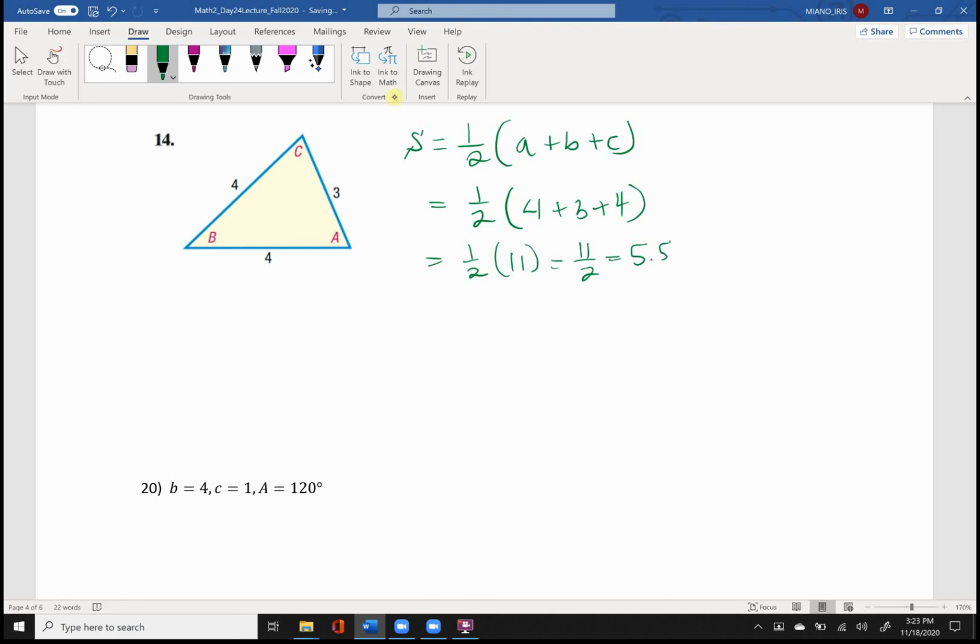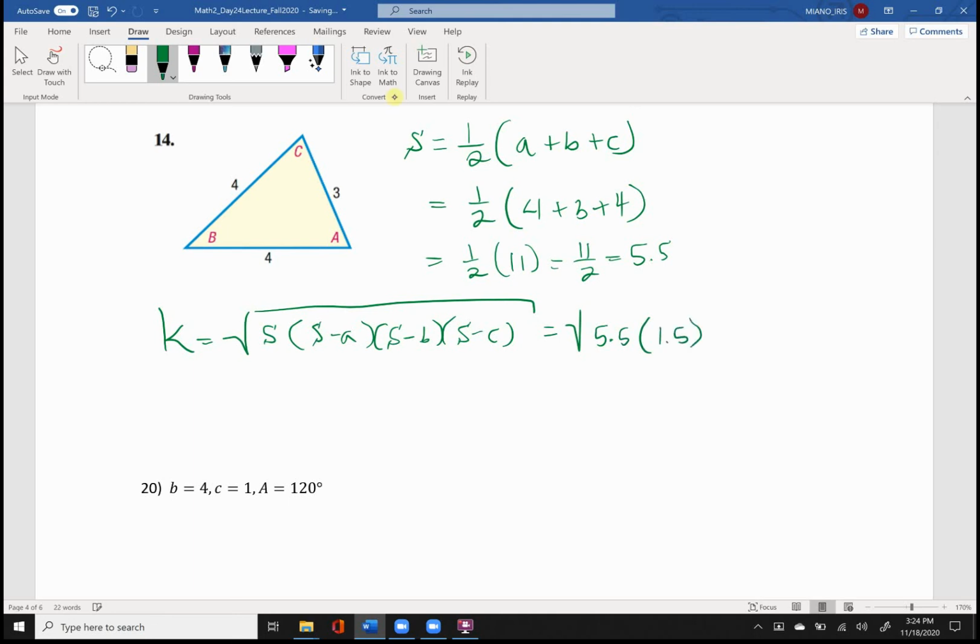You do you. Okay, so K, the area formula in this case will be, remember, S times S minus A times S minus B times S minus C. So for this particular instance, that'll be the square root of 5.5 times 1.5, because that's 5.5 minus 4. 2.5, because that's 5.5 minus 3, and then 1.5 again, because that's 5.5 minus that other 4 factor.